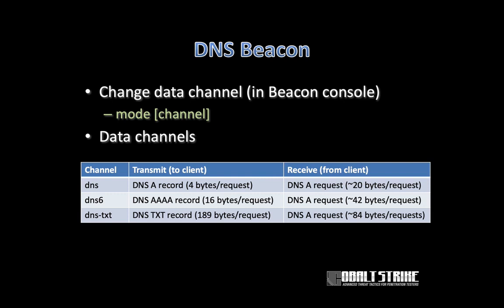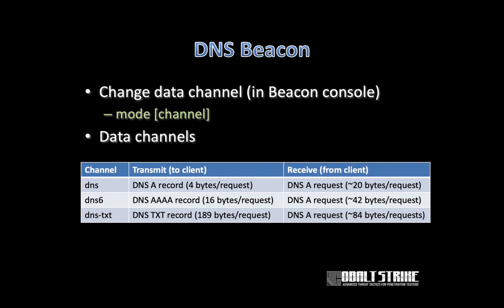One thing that's interesting, which I will speak to in the next lecture, is that the length of the host name to send data back is also affected by each of these modes. The DNS text record channel will use the maximum amount of hostname space that your profile allows.